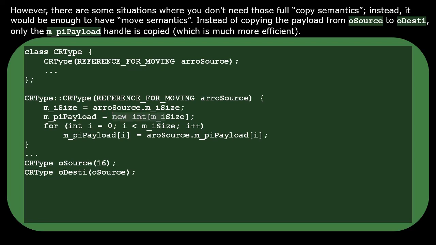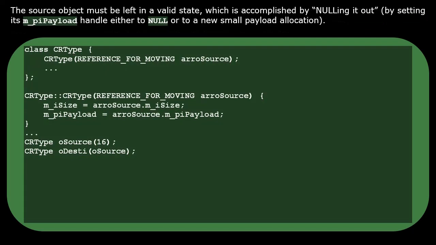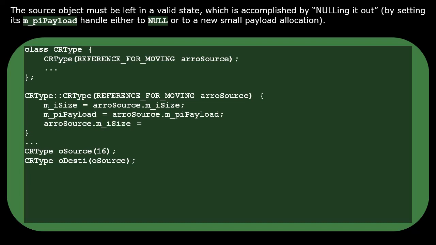Instead of copying the payload from source to destination object, only the pointer is copied. This effectively moves the payload's ownership from source to destination object. The source object must be left in a valid state, though, which is accomplished by properly nulling it out.